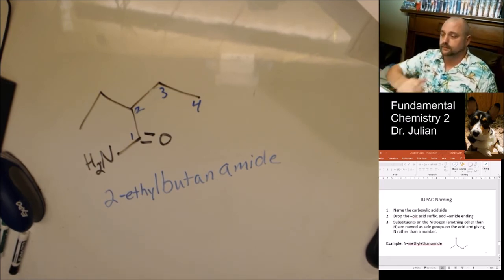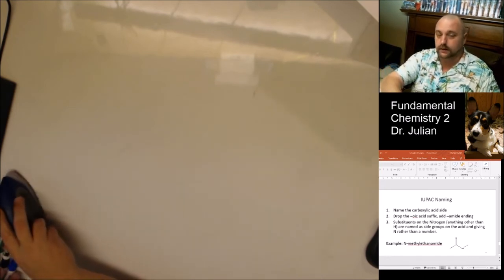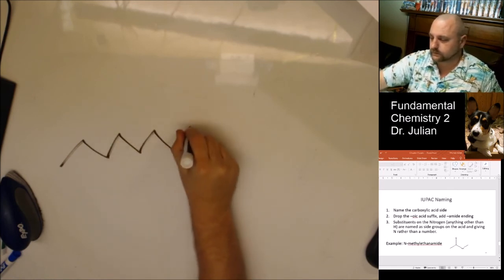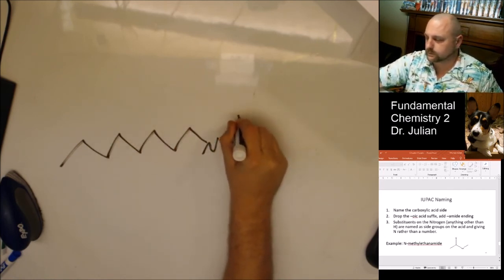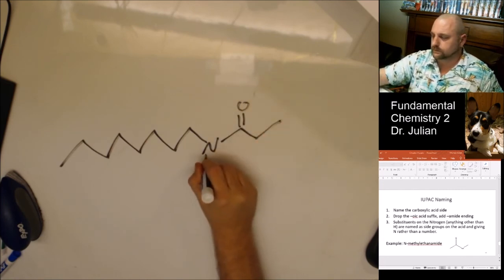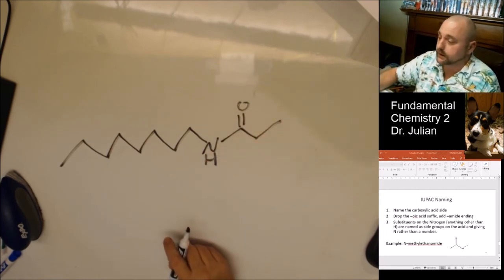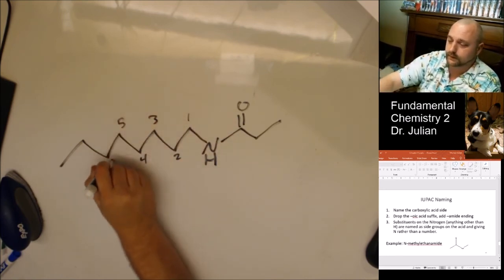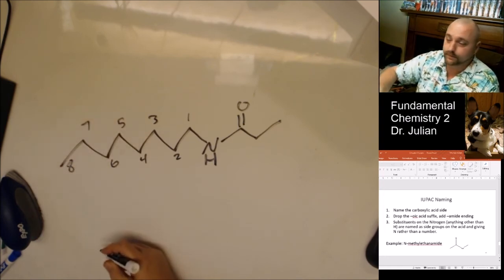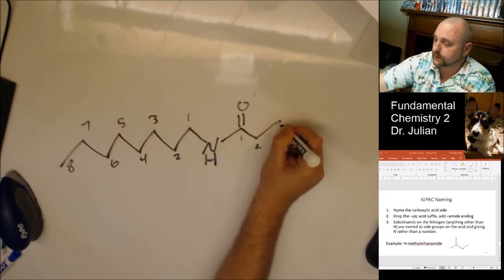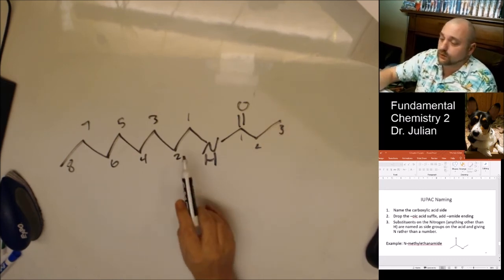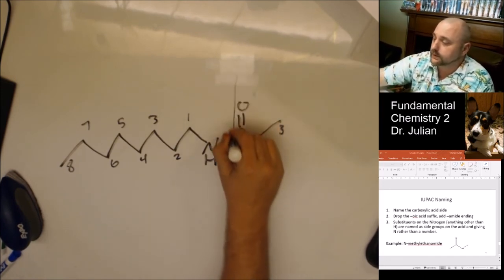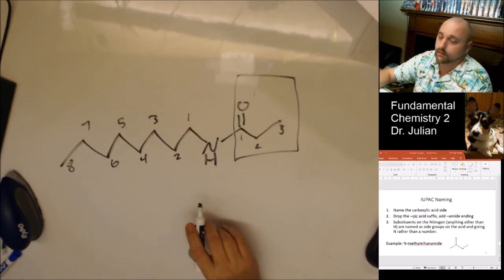Alright. Well, this can be a little confusing. Because let's say I want to name this. This group has 1, 2, 3, 4, 5, 6, 7, 8 carbons, whereas this group has 1, 2, 3 on it. Alright? You may be tempted to make this your parent chain, but this is the parent because of the carbonyl.